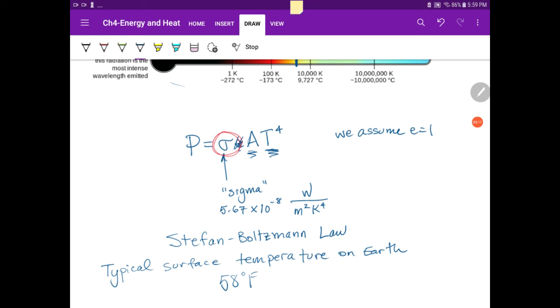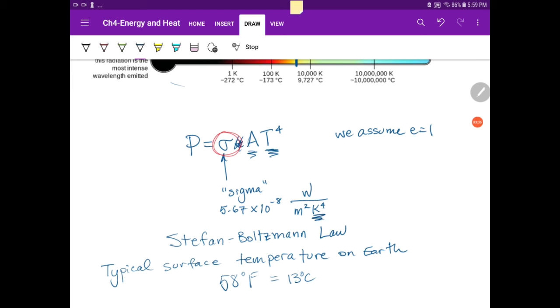The Earth is a big place. The North Pole and the South Pole stay pretty cold, but the equator stays pretty warm. And everywhere in between goes through seasons that affect how warm or cold they are. But if you took the average surface temperature over the entire surface of the Earth, it would be about 58 Fahrenheit. And that's somewhere in the neighborhood of 13 degrees Celsius.